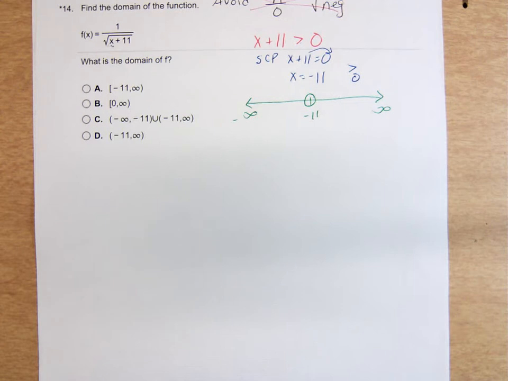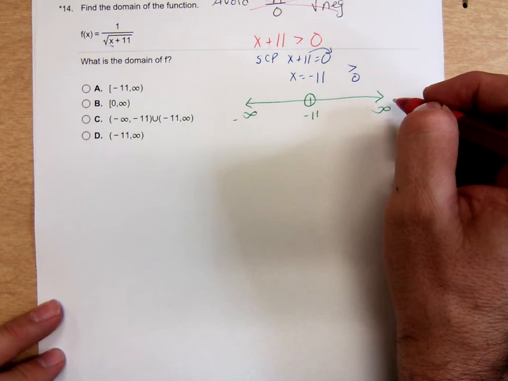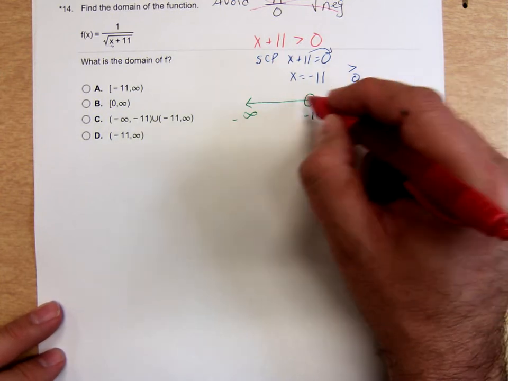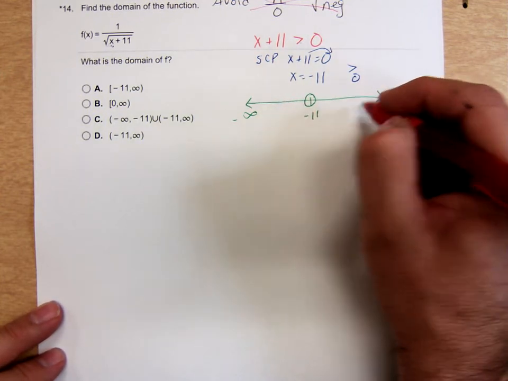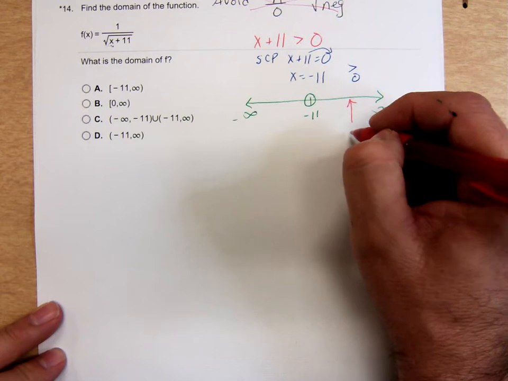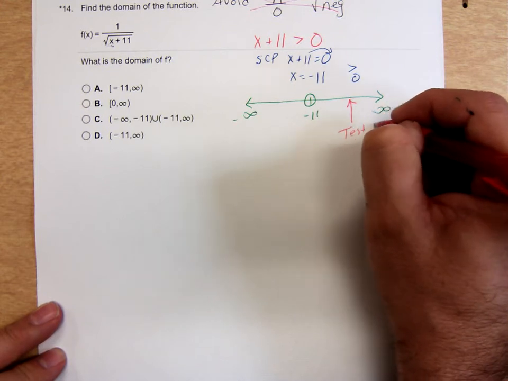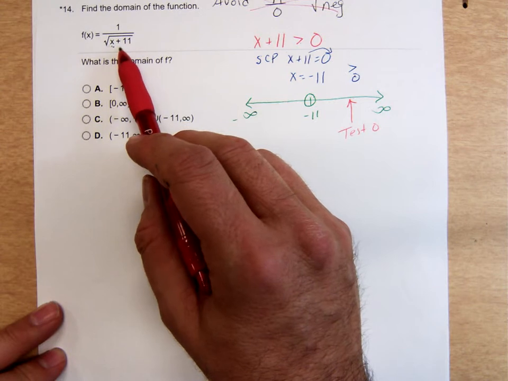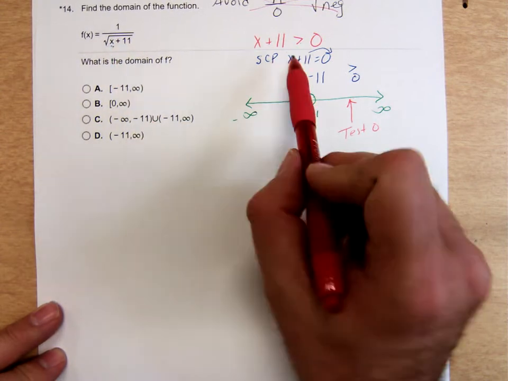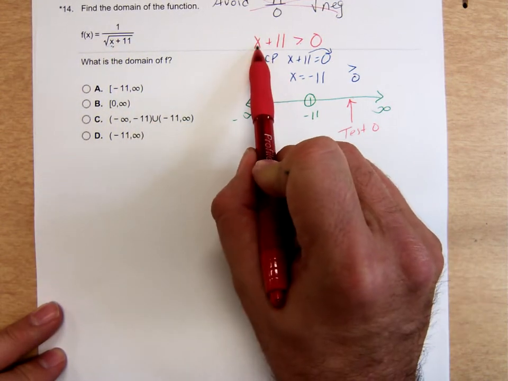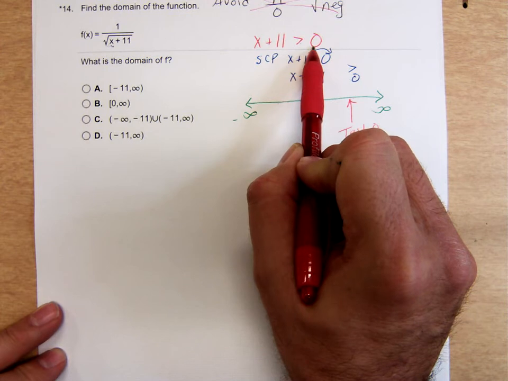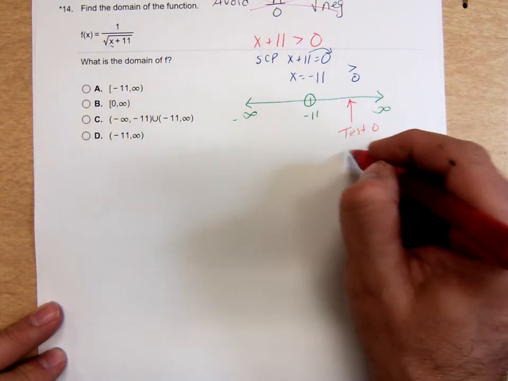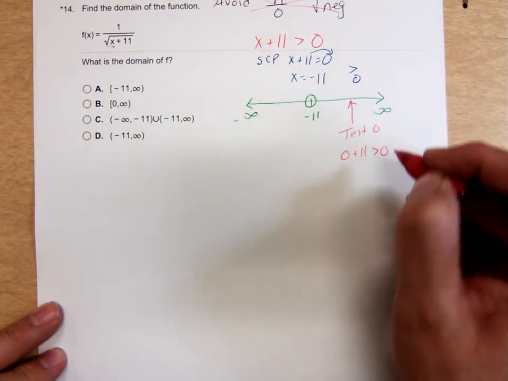What number am I going to use to test? Well, what do I always use? 0. And where would 0 be? Which one of these intervals am I actually testing? Well, that one. When I plug a 0 into the square root, am I getting something greater than 0? 0 plus 11 is greater than 0, true or false?